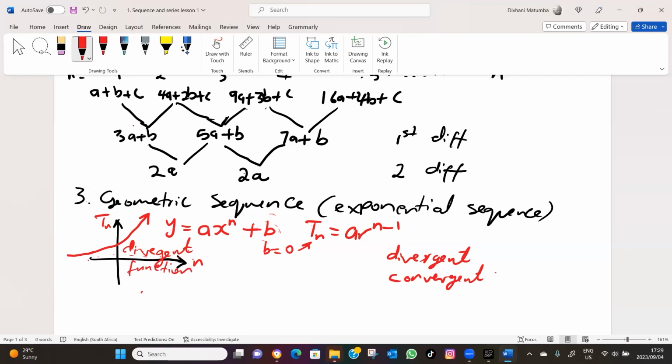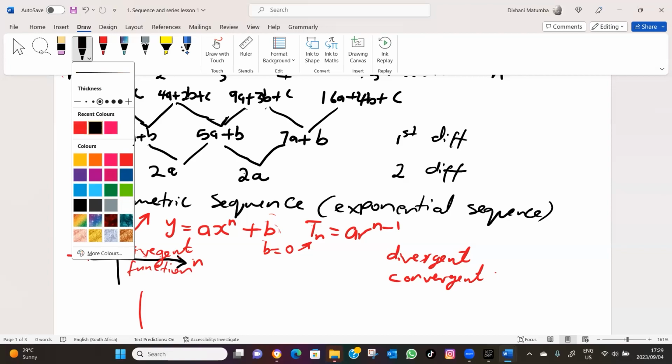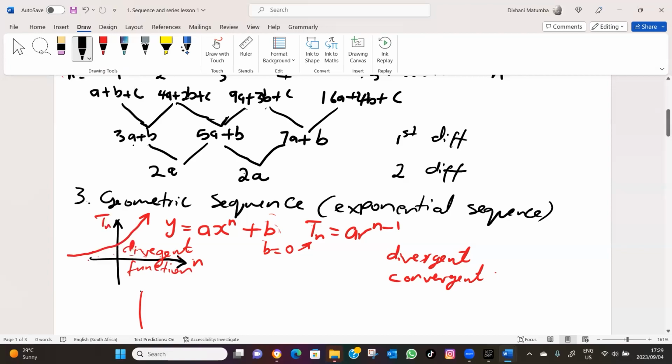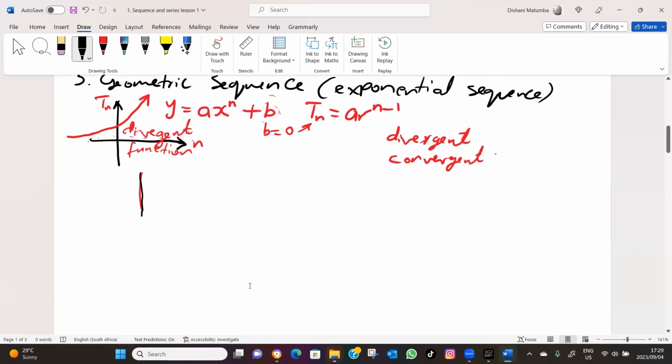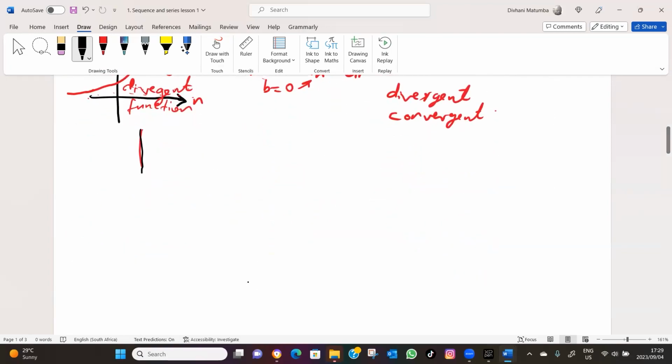Now, I just want to draw a converging function quickly, which will make sense. I mean, something that converges, something that reaches a certain value over a certain period of time. Now, this is still an exponential function.